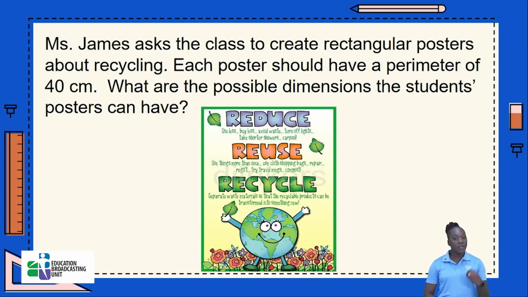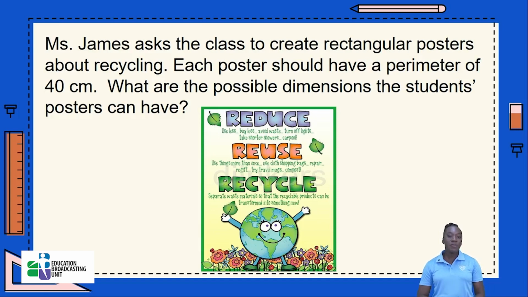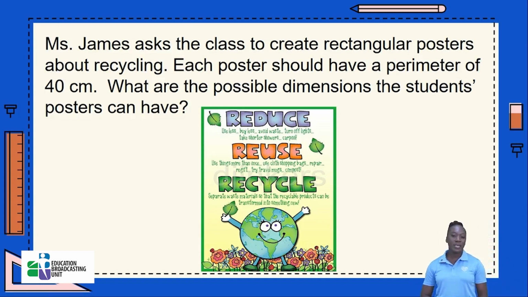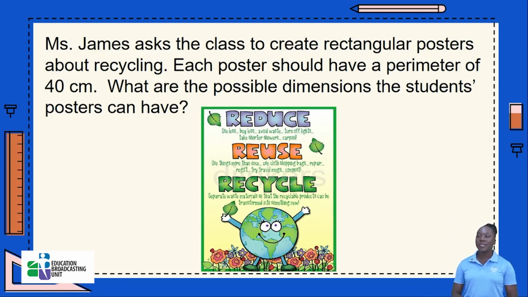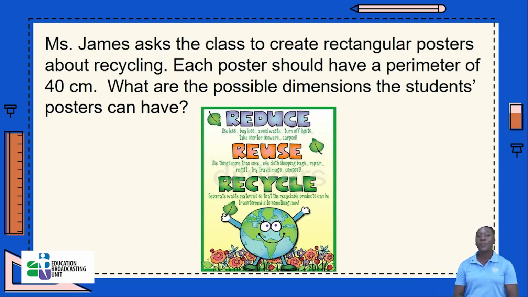Now, we're given some information before we begin to solve this question. Here we are seeing that they have to be rectangular, and they must have a perimeter of 40 centimeters. So how do we go about solving a question like this when we don't have the dimensions but we are given the perimeter? I'll walk you through those steps.